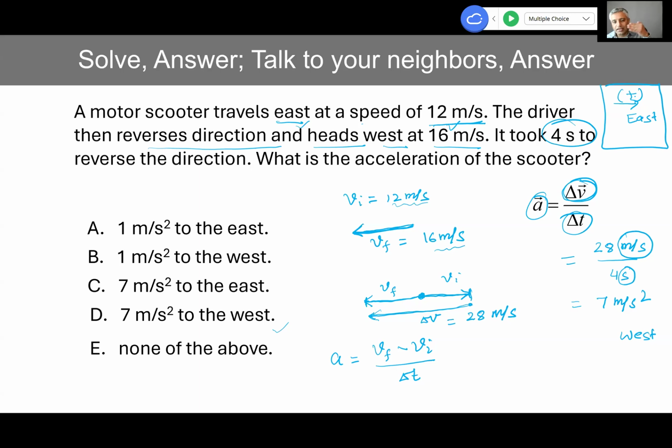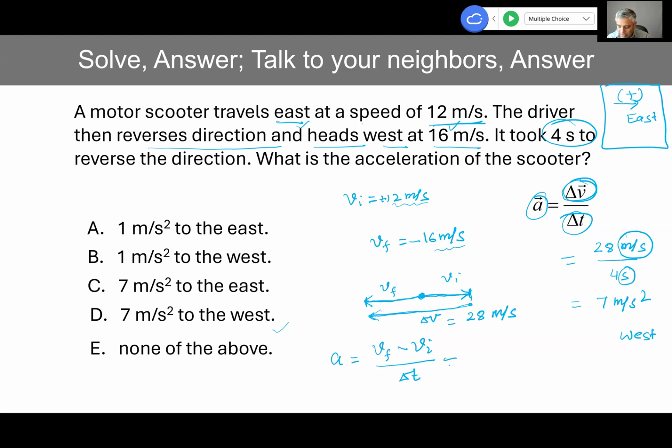So that says, okay, east is positive. So now this VI is positive 12 meters per second. Now VF is pointing to the west. So when we choose east as positive, west must be negative, right?